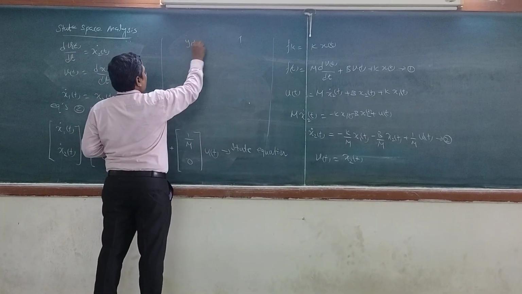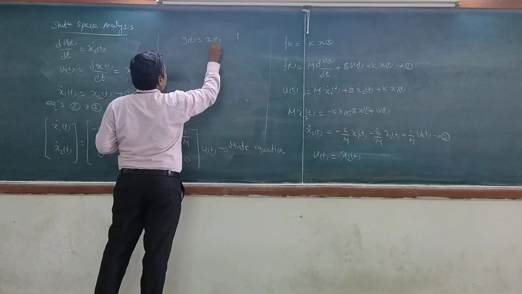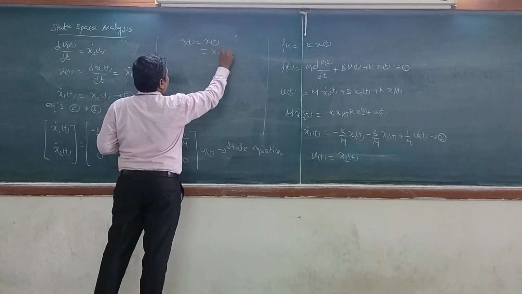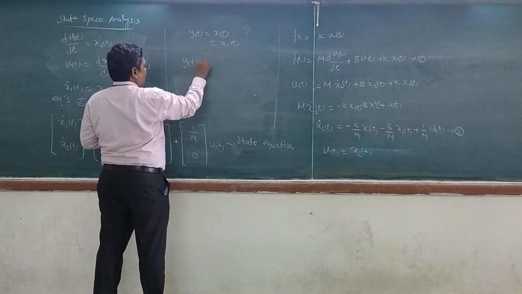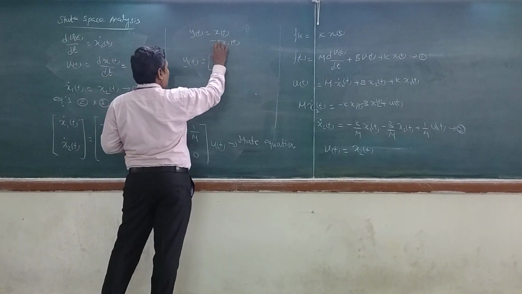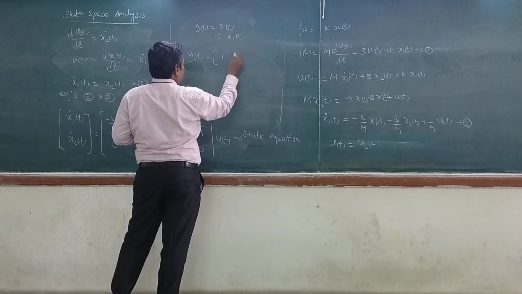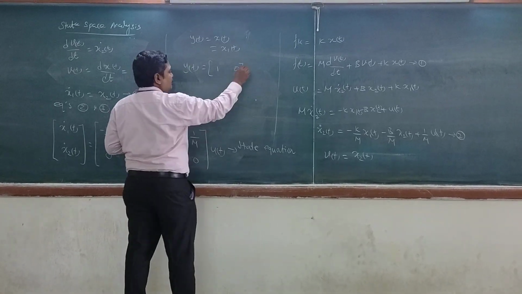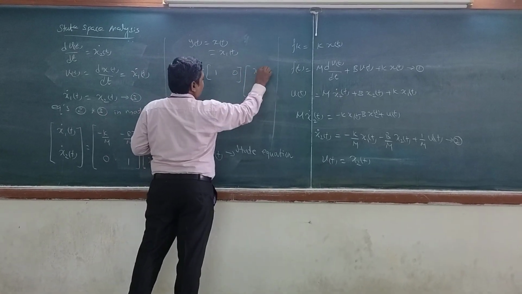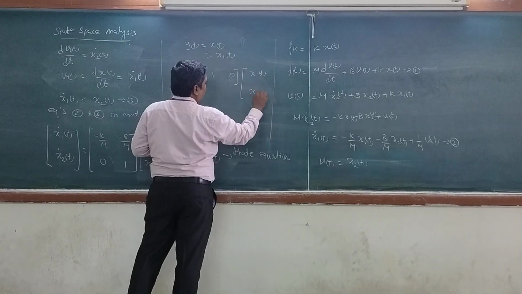Then the output y of t, taken as x of t, is nothing but x1 of t. So y of t is equal to: the x1 coefficient is 1, there is no x2 term, so put 0 for the x2 coefficient, times x1 of t, x2 of t.